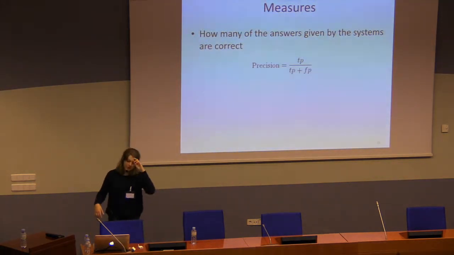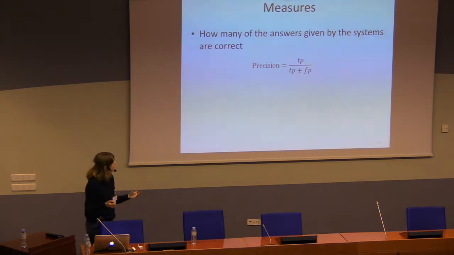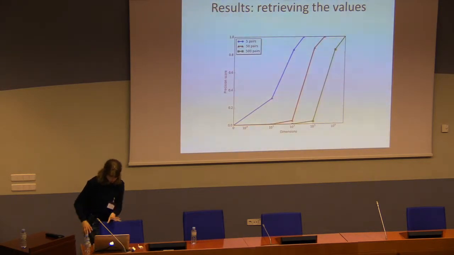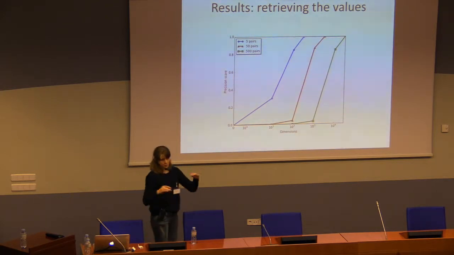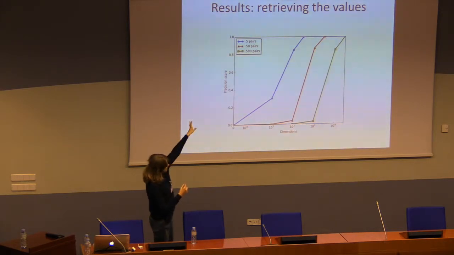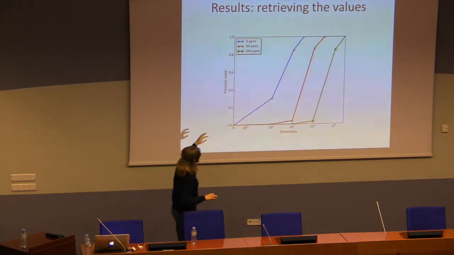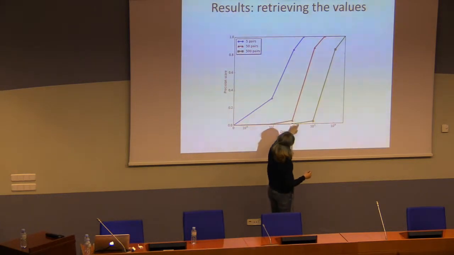Yeah, so these are the measures that we used, which is a precision score. So true positives divided by true positives and false positives. And these are the results we got. This graph shows you basically that to correctly retrieve all the values from a feature set of 5 pairs, you need approximately, so it goes down to about here, about 300 dimensions or so.